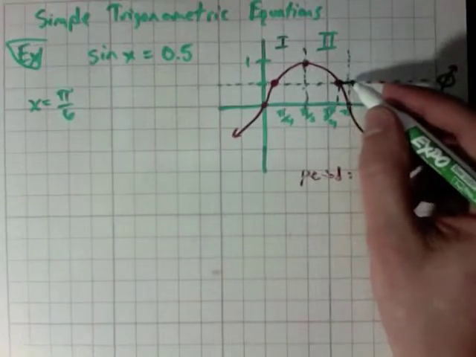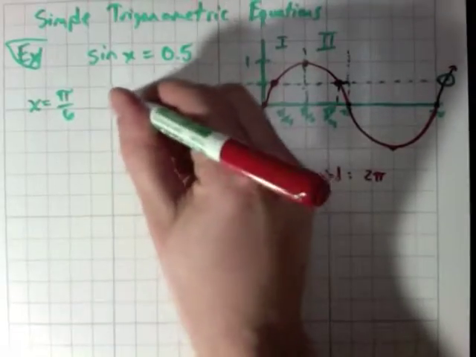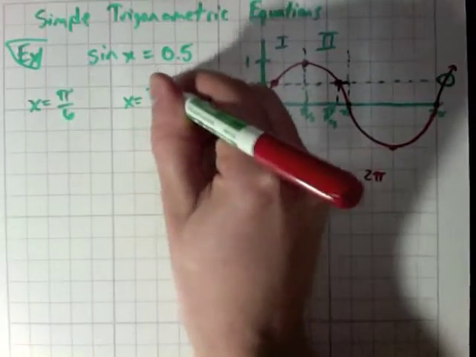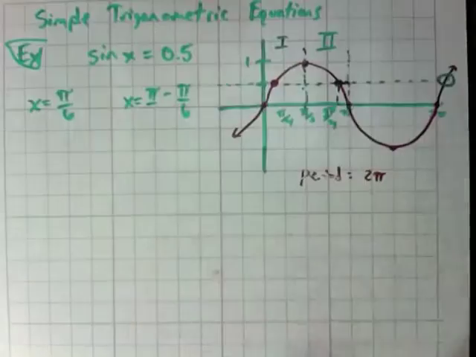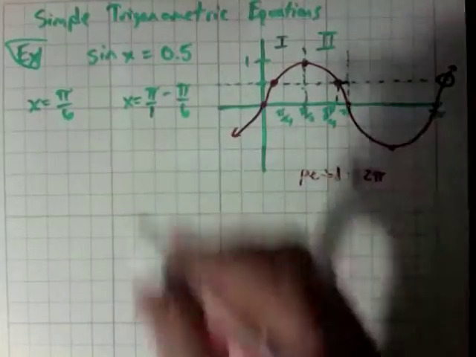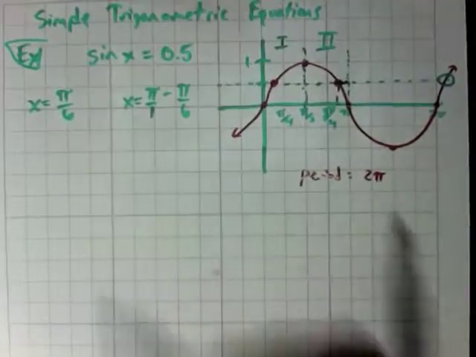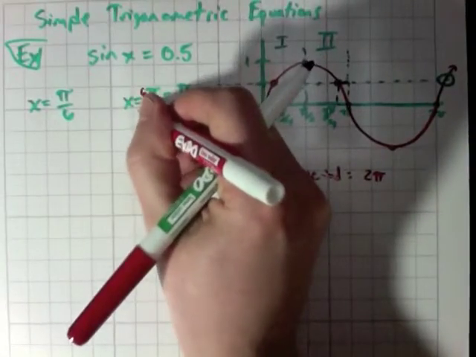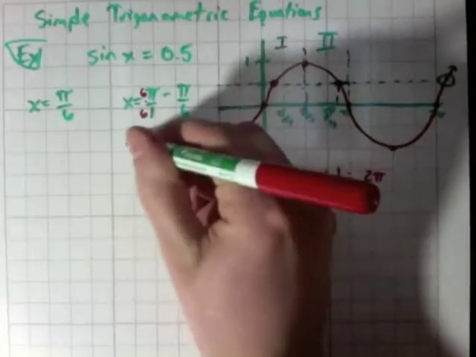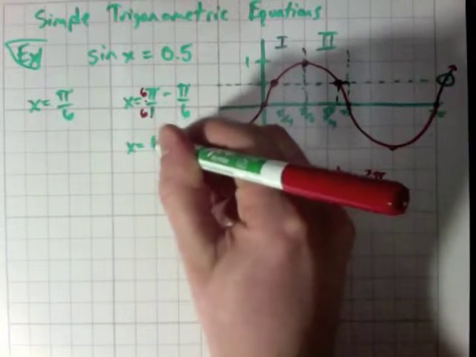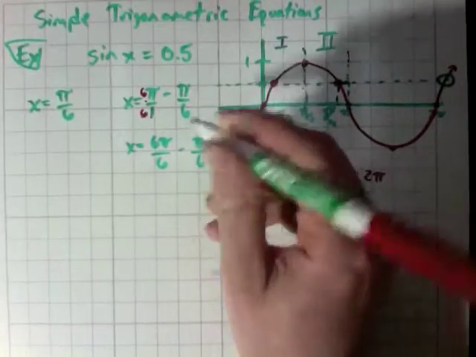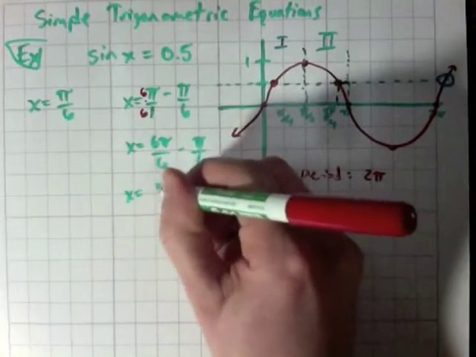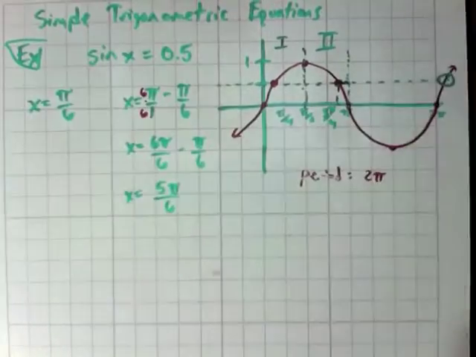Finding a common denominator, I get x equals 6 pi over 6 minus 1 pi over 6, or x equals 5 pi over 6.